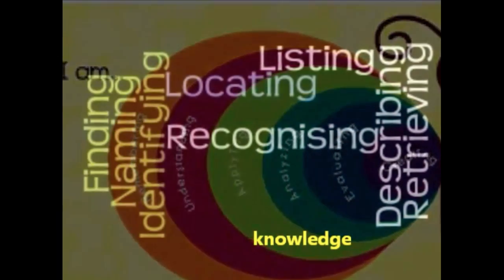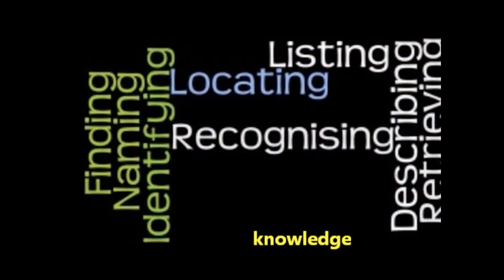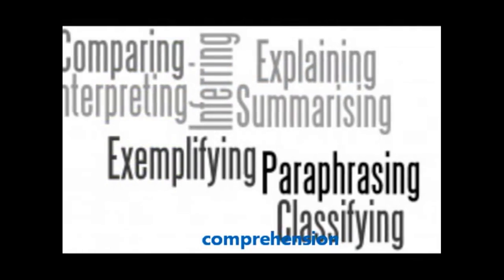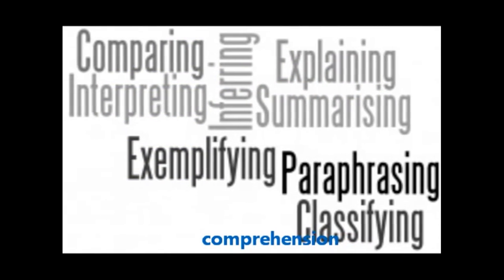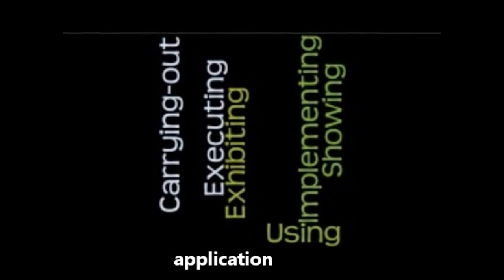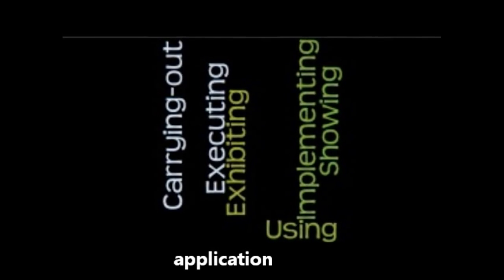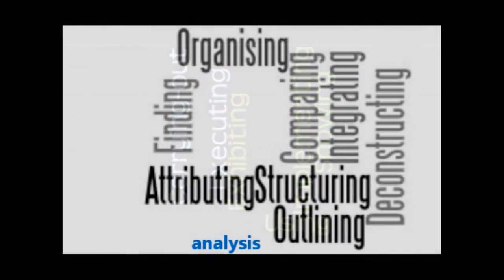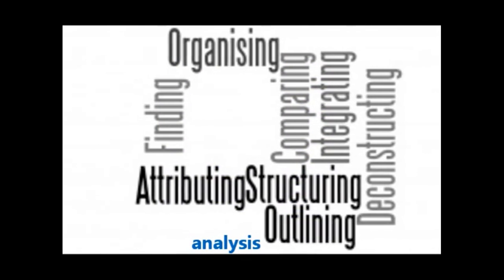First, we have knowledge. This is recalling or remembering learned material. The second is comprehension. This is understanding the material. The third is application. This is using or applying the previously learned information to new and unfamiliar situations. The fourth is analysis.